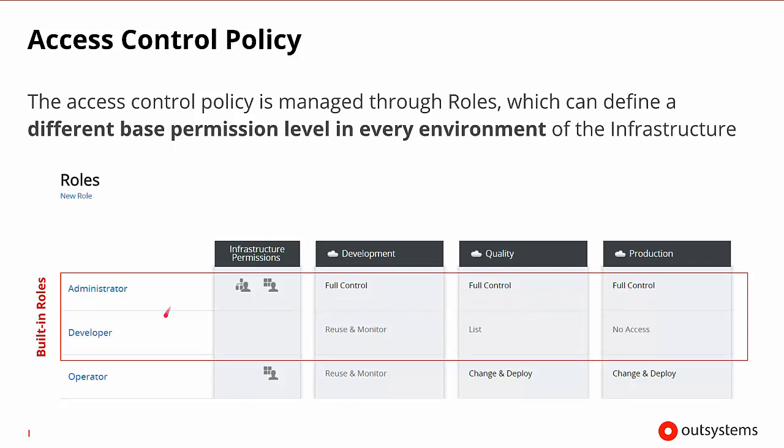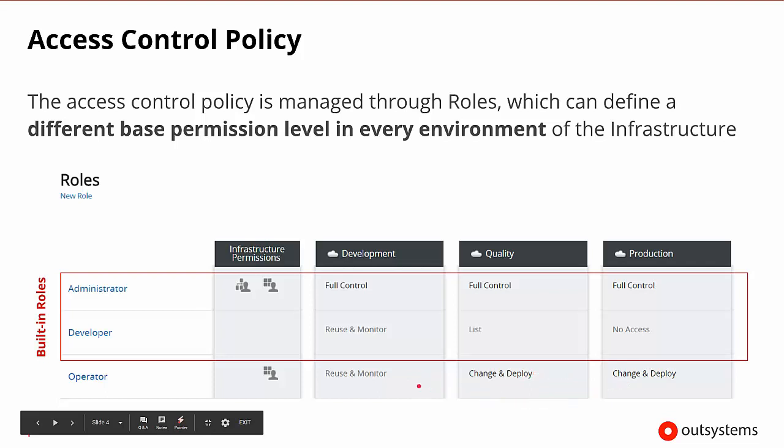So if we wanted to, we could create our own role, which we'll use as an example throughout this session, like the operator role. And we might be able to give them some infrastructure permissions, and then do something like the operator can reuse and monitor applications, but then can change and deploy them inside of quality and production.